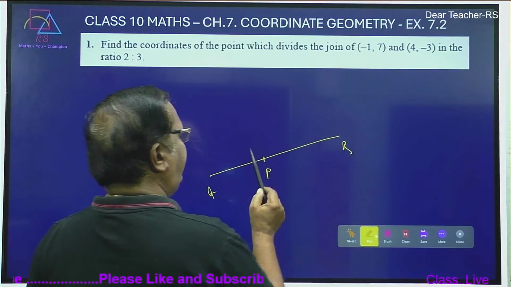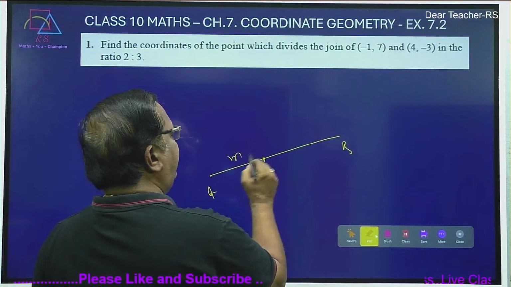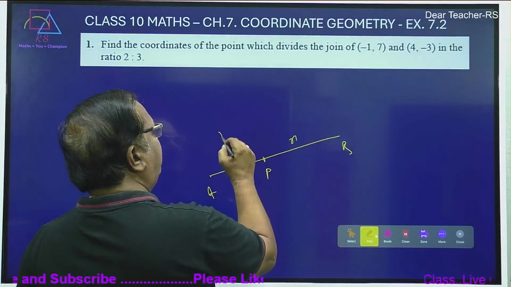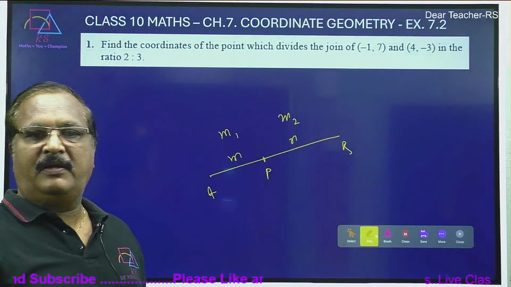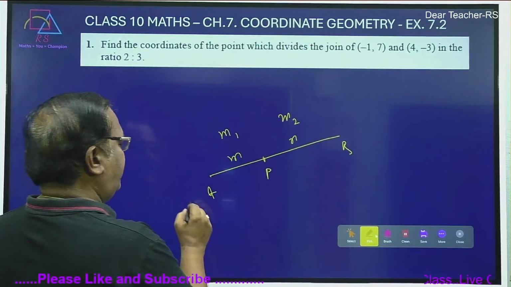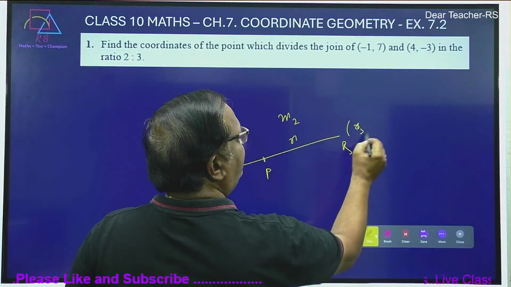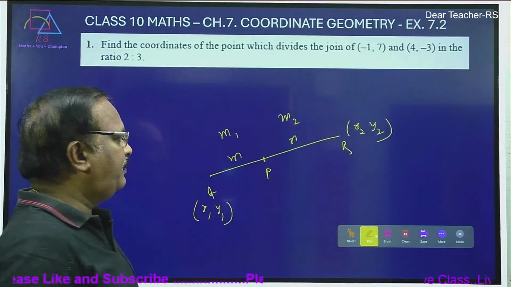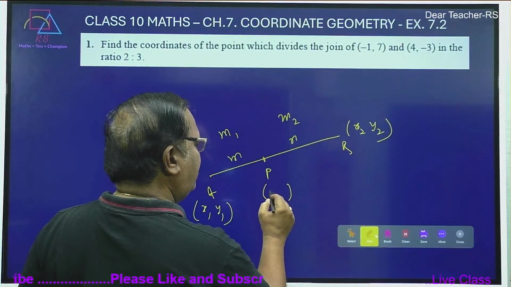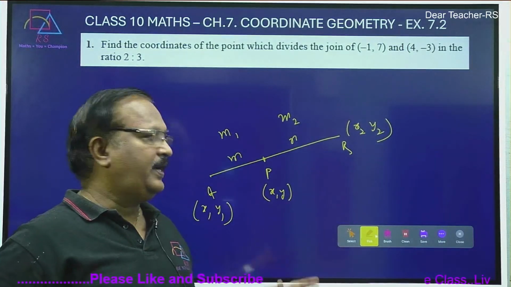Let us say P is dividing the line in the ratio m is to n. Some textbooks let us say m1 is to m2, whatever. So these are the points x1, y1, and this is x2, y2. So now the section formula indicates these are the coordinates we have to find. In my last class I have explained how to find out.